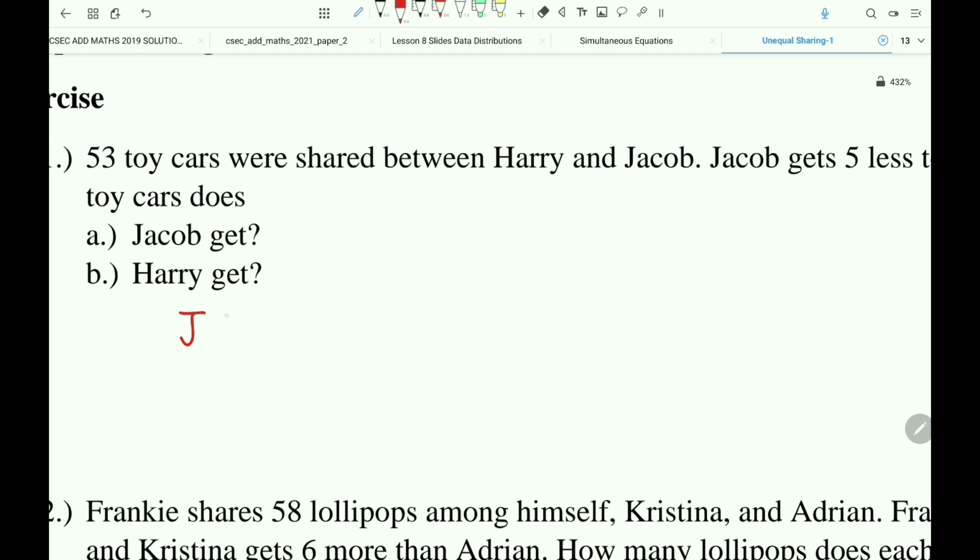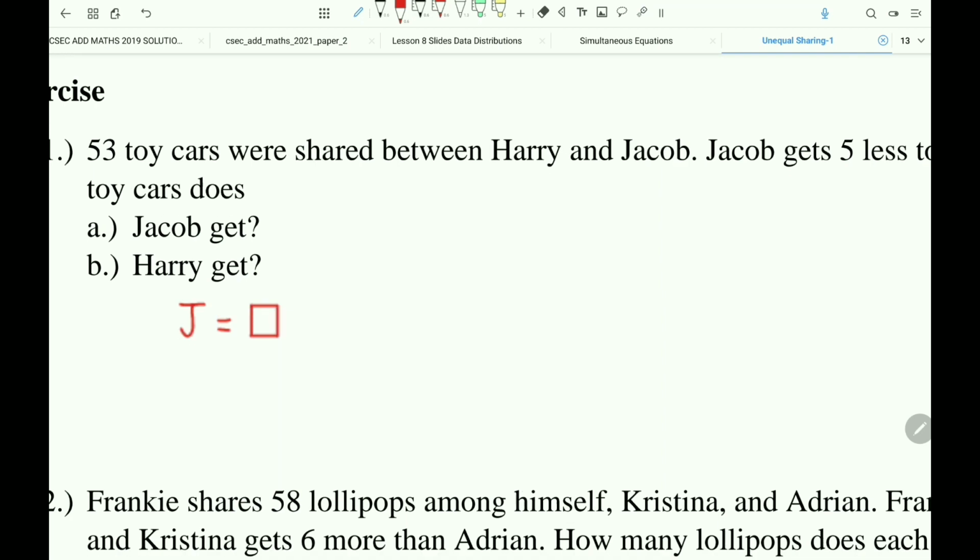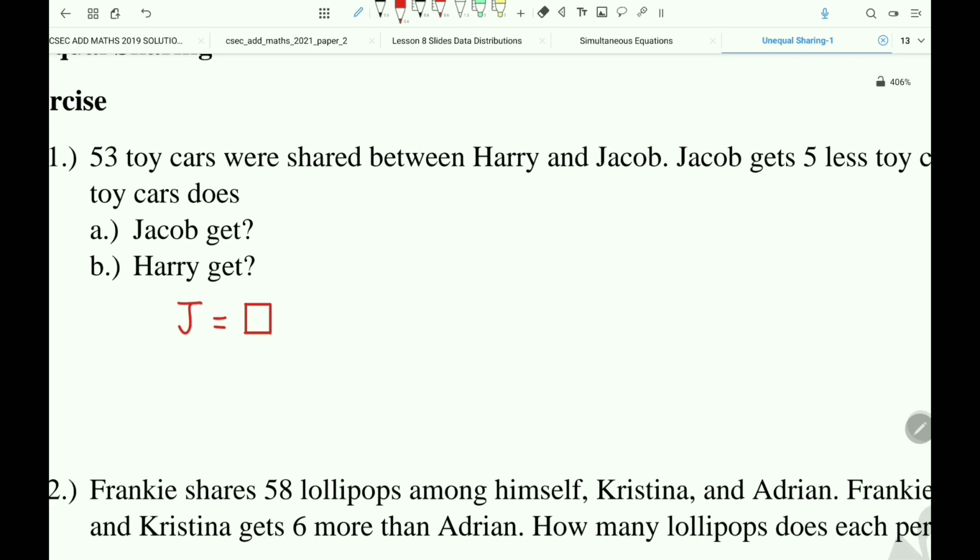So what we're going to do with that information, I'm going to put J is equal to, and I'm going to let a box represent Jacob's amount, right? So this box that we just drew here is going to represent the number of toy cars that Jacob has. Our next step is to figure out everyone else's amount in terms of the person who got the least.